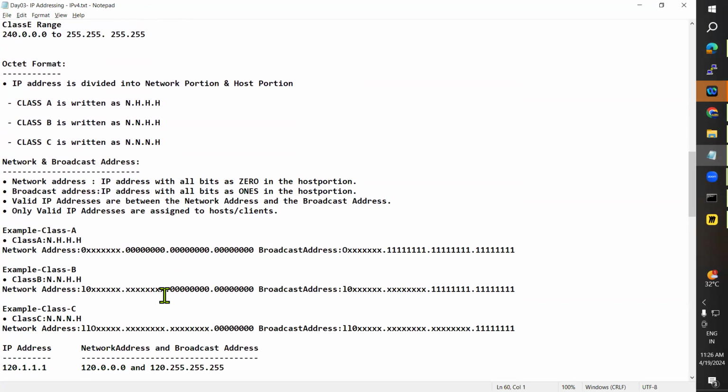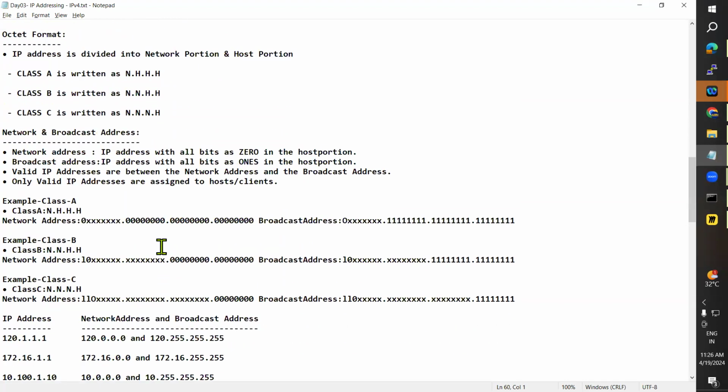Next, see octet format. In octet format, the IP address is divided into a network portion and a host portion. It's a little deep discussion in IP addressing, which will be covered in the CCNA course. But let me explain. If you don't understand, that's fine.